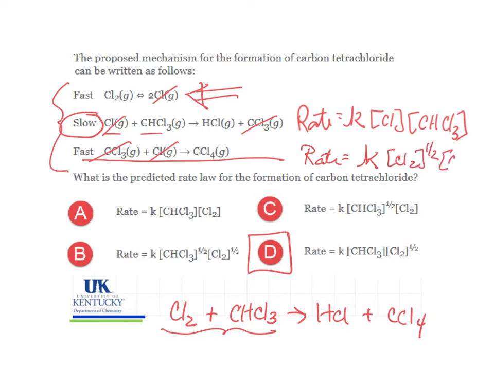And then that's times CHCl3. Now, a lot of times students will ask, how did I get this k? Remember, we have that k, combining it with this k, a constant times a constant is still a constant. So all those k's get combined together to give me that. Now this is now a good rate law. And that is why the answer is D. Now I don't have them in the same order as it's written here, but it's the same thing.